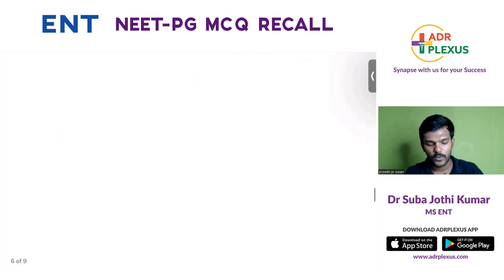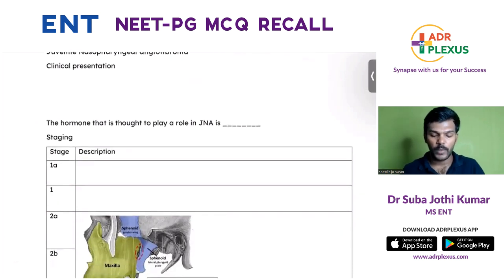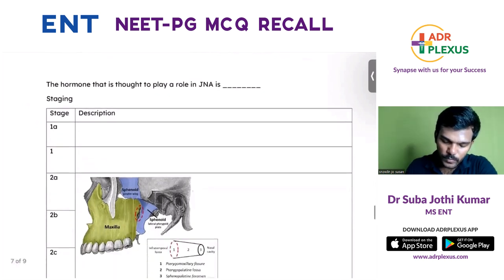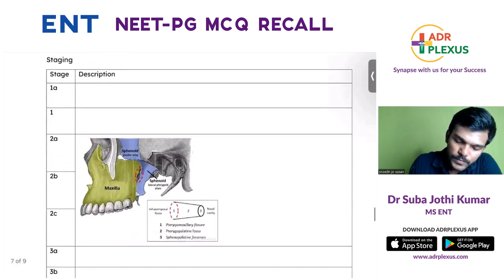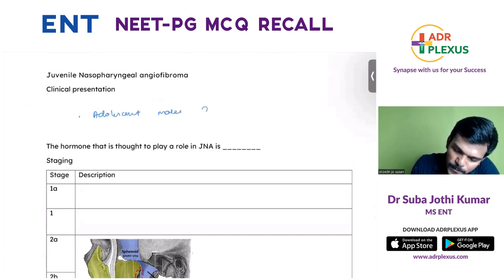Clear? Now, some important points about juvenile nasopharyngeal angiofibroma. So what could be the presentation? Adolescent males with recurrent epistaxis. Adolescent males, okay, around 10 to 18 years with recurrent epistaxis.